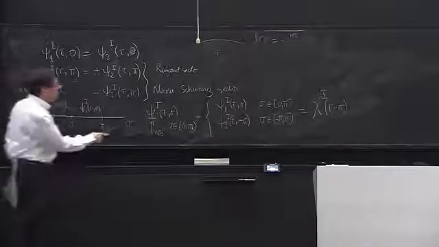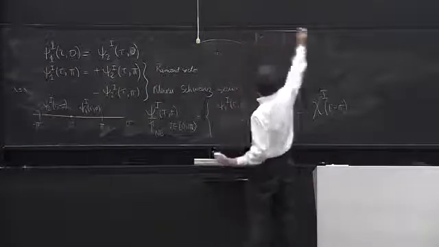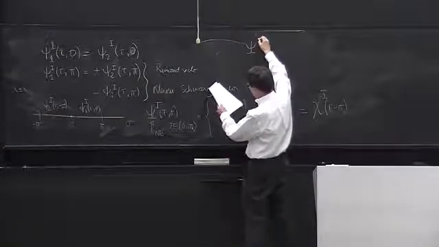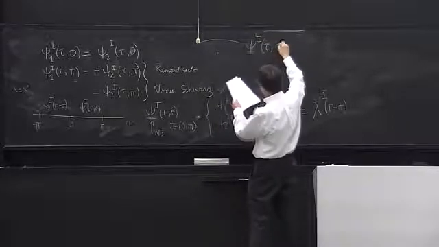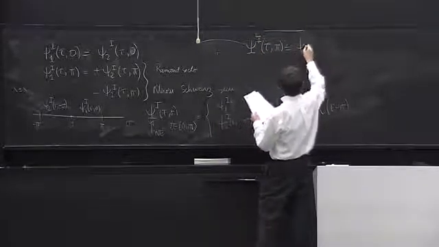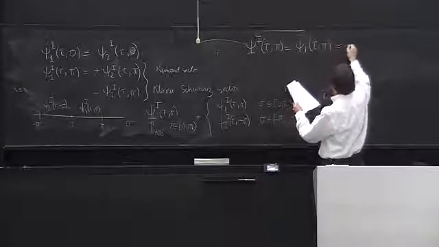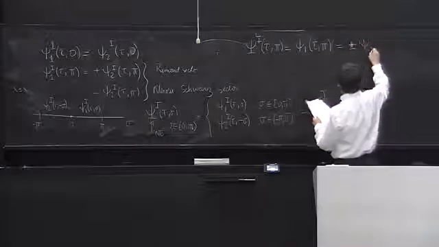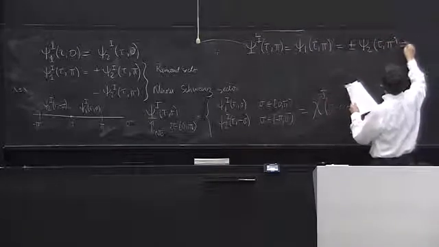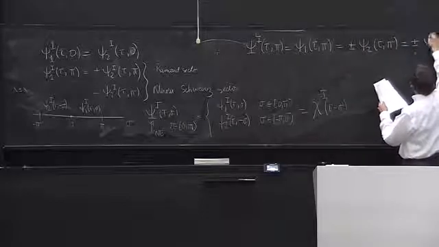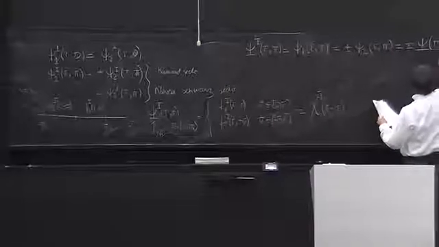So this whole field, psi I of tau pi, is going to be psi1 of tau pi, which is plus minus psi2 of tau pi, which is plus minus psi of tau minus pi.